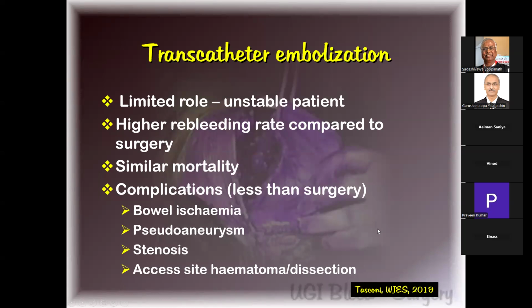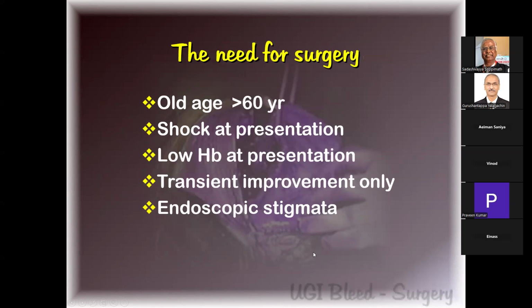If you're approaching through the femoral artery, you can have showers of emboli going distally and causing ischemia of the feet. So there are problems. While interventional radiology is mentioned as a tool, both TIPS and transcatheter embolization are not great, and Dr. Sopimat already mentioned this.